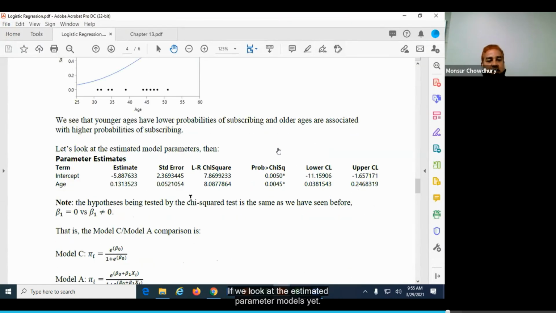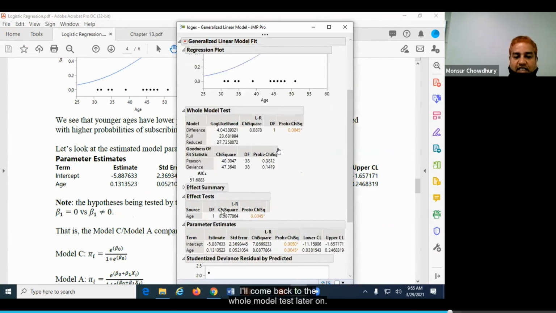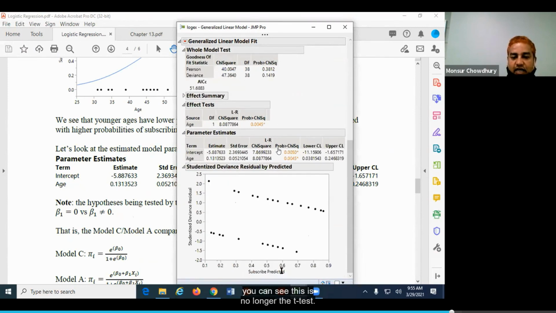Now, if we look at the estimated parameter models here, I'll come back to the whole model test later on. But if you look at the estimated parameters here, you can see this is no longer the t-test, now they are doing the chi-square test. So we always look at the predictor here.